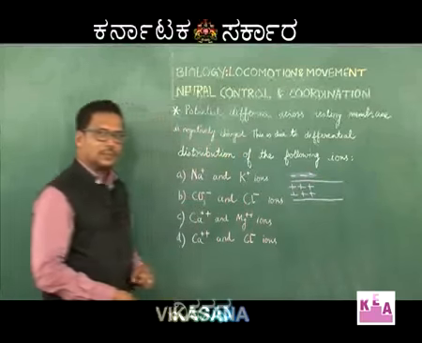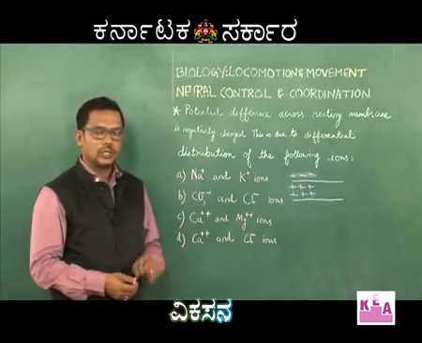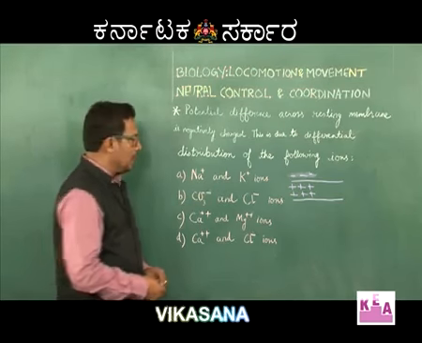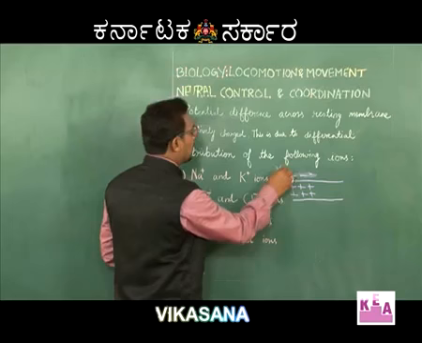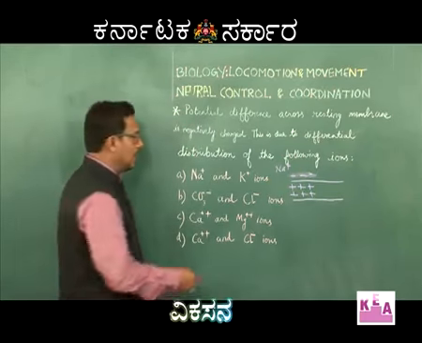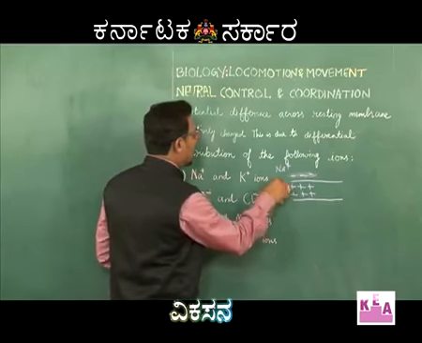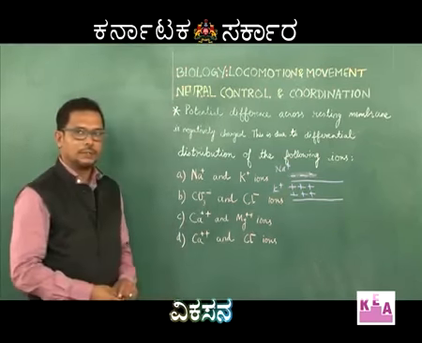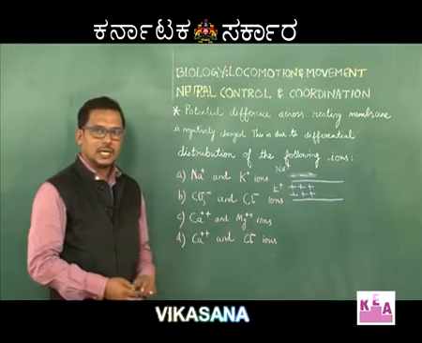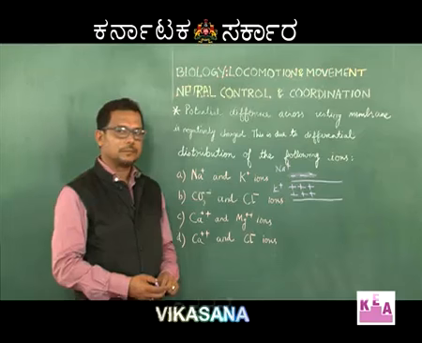This is because of differential distribution of two ions, that is sodium and potassium. There are more sodium ions on the outer surface of the membrane, and more potassium ions on the inner surface of the membrane. This potential difference is called resting membrane potential.